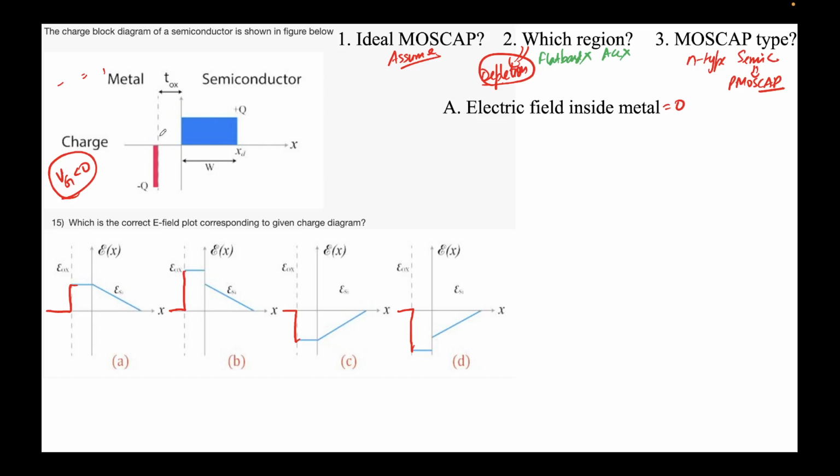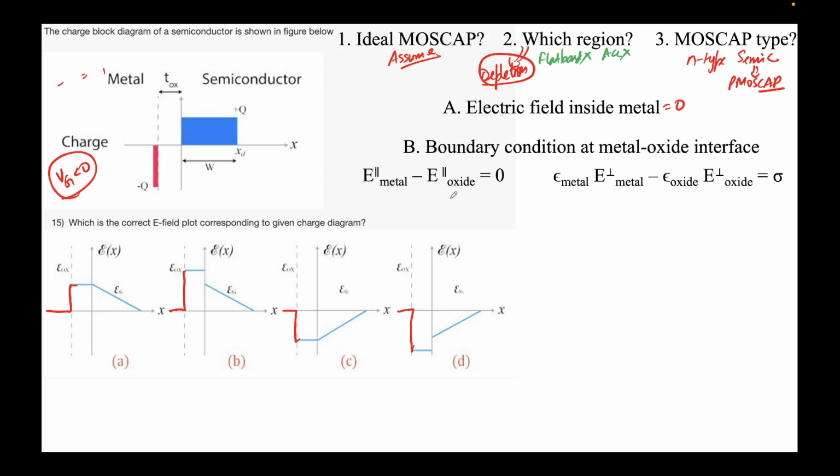We have a negative Q charge here. So here again we invoke electrostatics, we invoke the boundary conditions at metal oxide interface. There are two things, parallel and perpendicular. This direction I'm taking it to be parallel, this is perpendicular. This is the notation that I've been following. The x-axis you can see is perpendicular, negative y is your parallel.